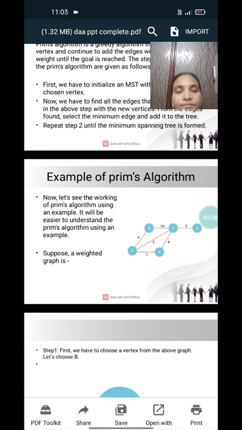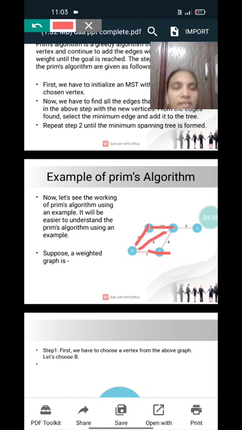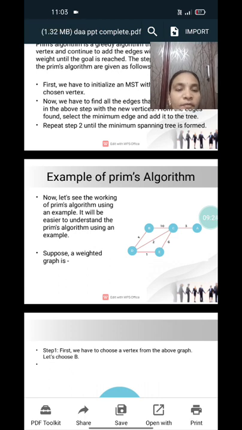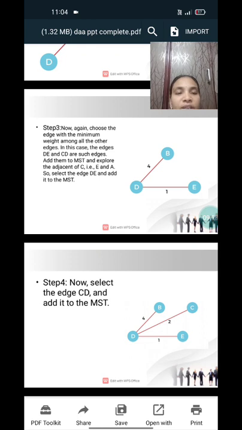Here from D we have 3 opportunities: 4, 2 and 1. From B we have 4 and 10. But as we see, the minimum one is from D to E. So we will be drawing D to E here.